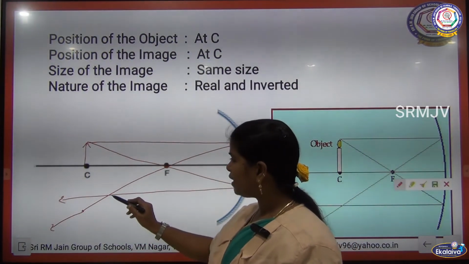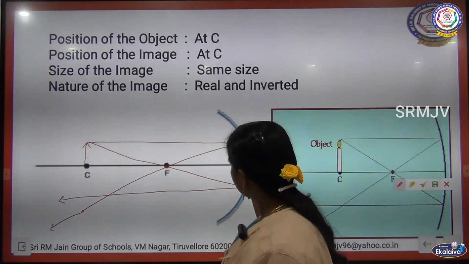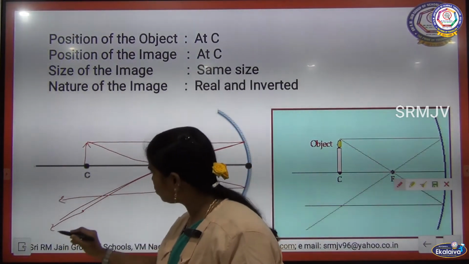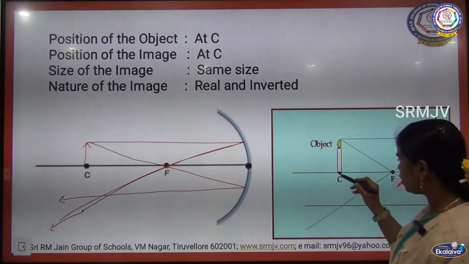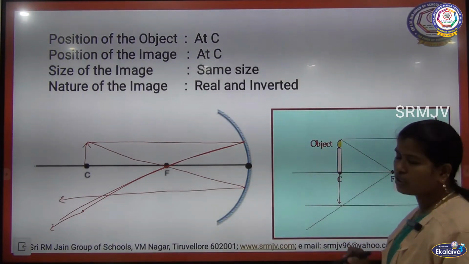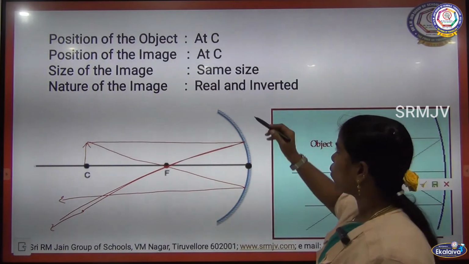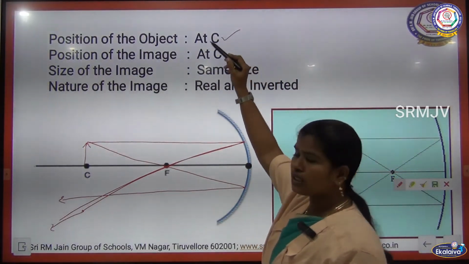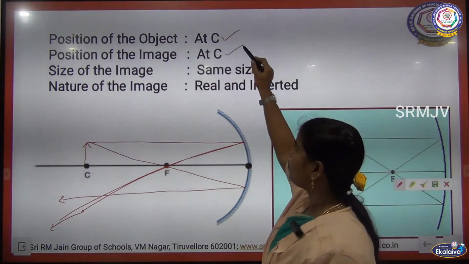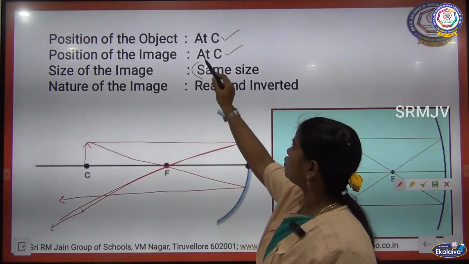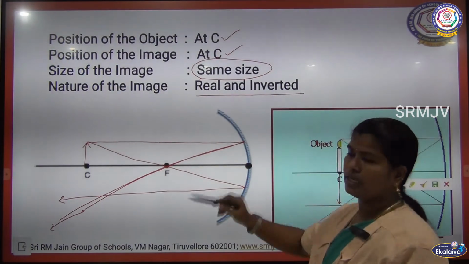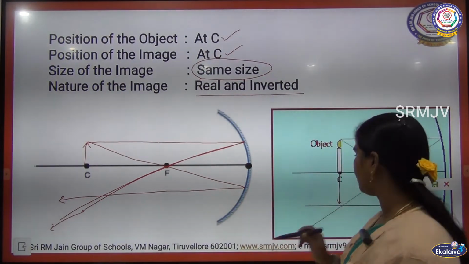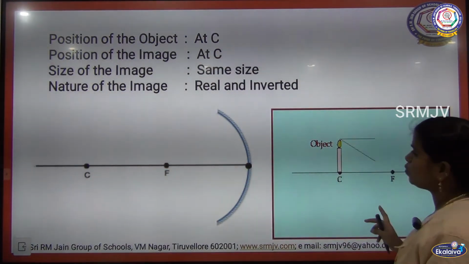Where they meet, actually I didn't draw it properly so it is meeting somewhere else, but you can see in this picture the position of the object is at C. When we keep the object at C, the image is also formed at C, the size is the same, and it is real and inverted. Now we will move on to the next one.